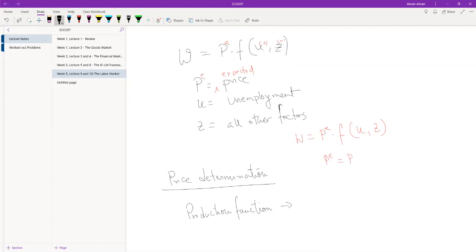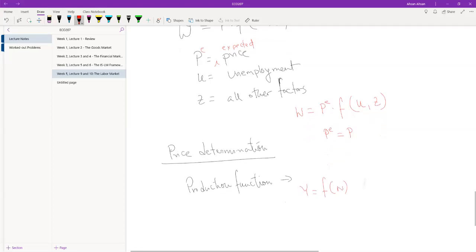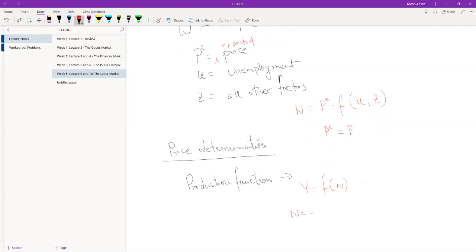But the focus of this chapter, remember, is just the labor force, the workers. We're not really interested in any other factors. So we're going to take literally the easiest production function. We're going to say that output is a function of how many people we are hiring. N is employment. So the more people we hire, the more output we have, and vice versa.